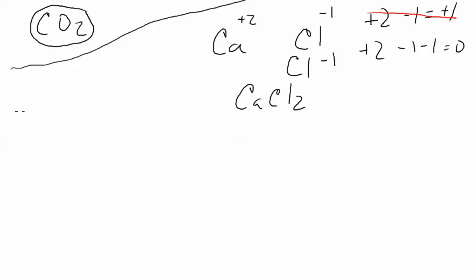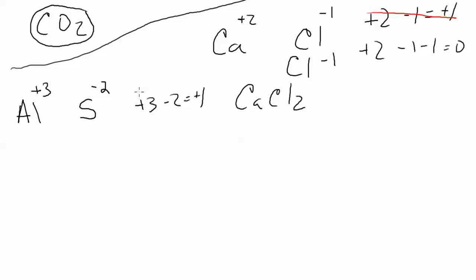Let's say you've got aluminum and sulfur. Alrighty, so aluminum is plus 3 and sulfur is minus 2. So plus 3 minus 2 is plus 1.